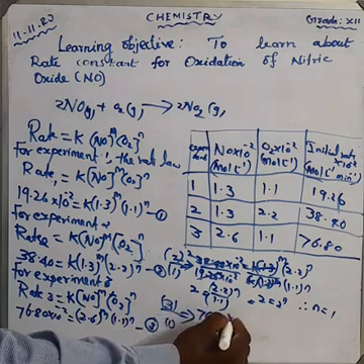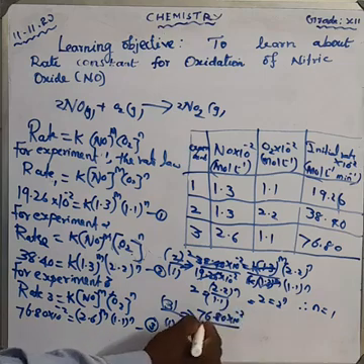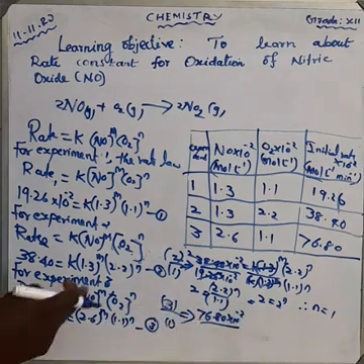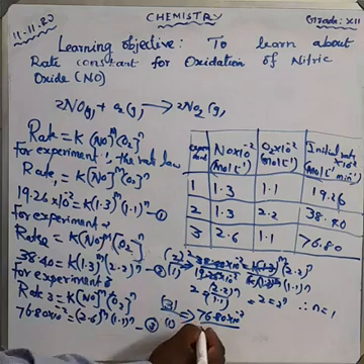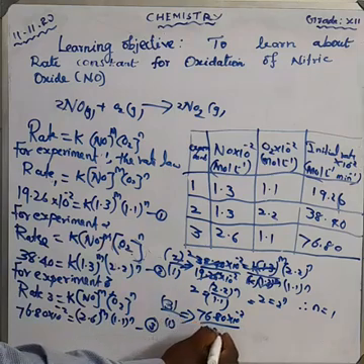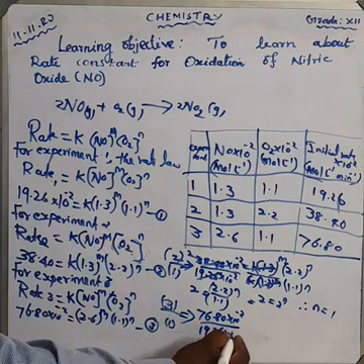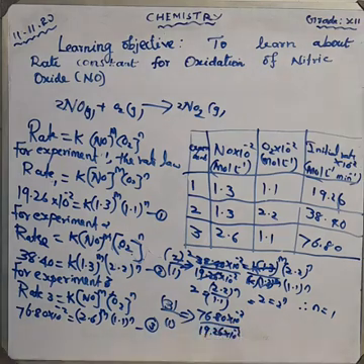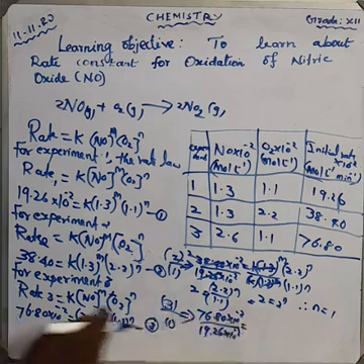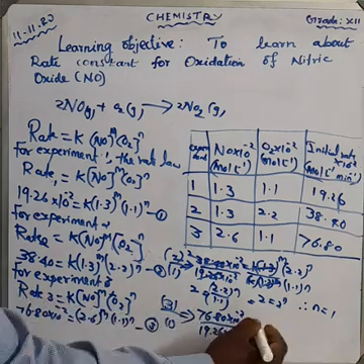This implies 76.80 × 10^-2 divided by equation number 1, 19.26 × 10^-2, equals equation 3, which is k.